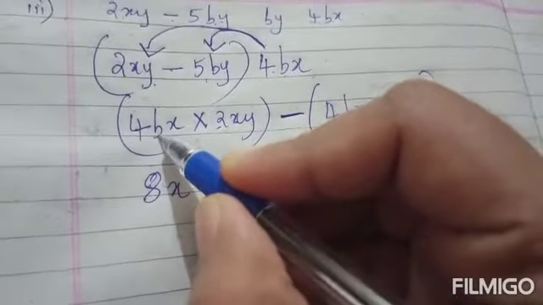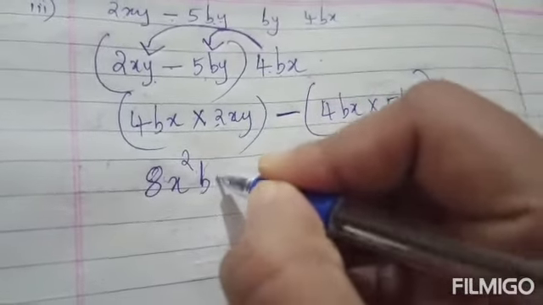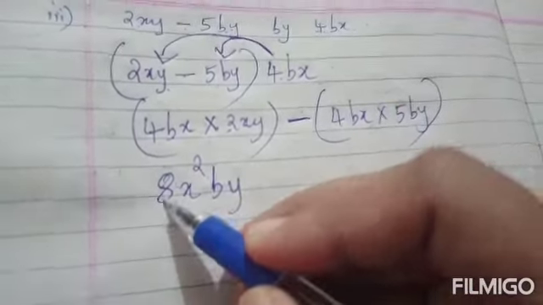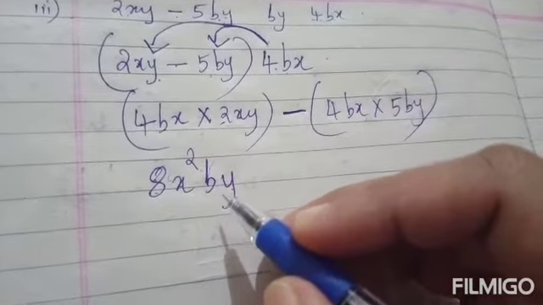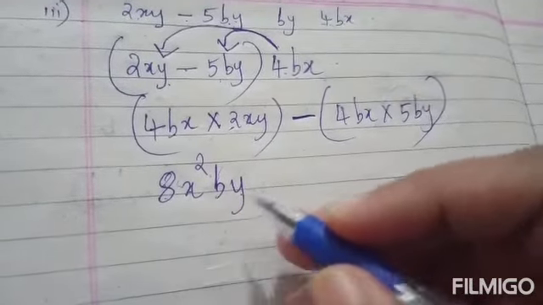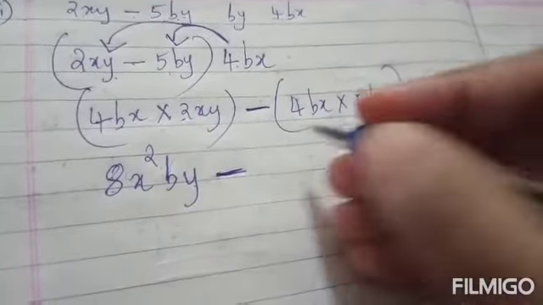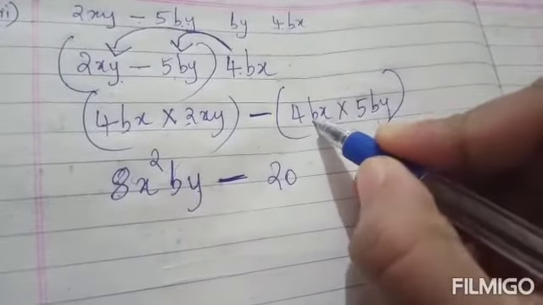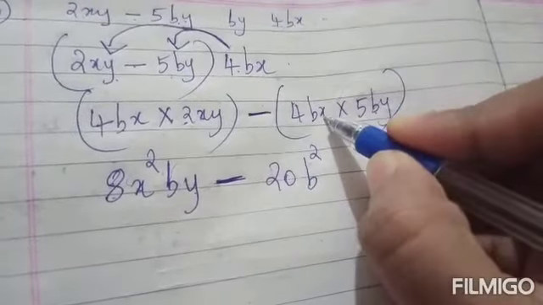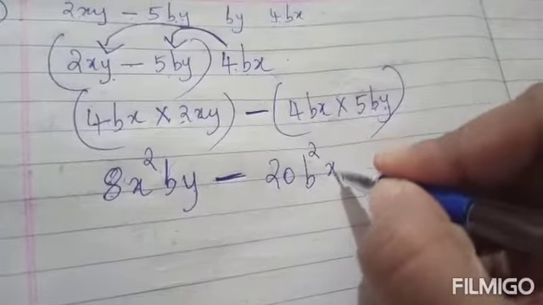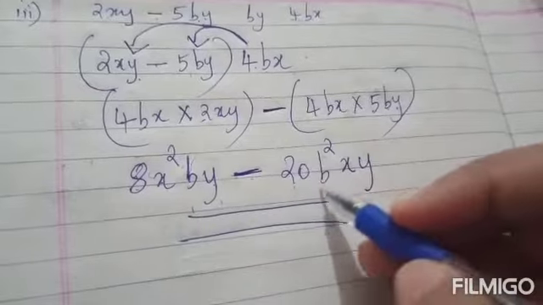Next b, 1b is there. Here 1y is there, so you can write by. You can also write 8bx square y; if you change the order, there is no problem in that. Next minus 4 into 5, that is 20. B into b, 2 b's are there, so b square, 1x and 1y, so xy. So the answer is 8x square by minus 20b square xy.